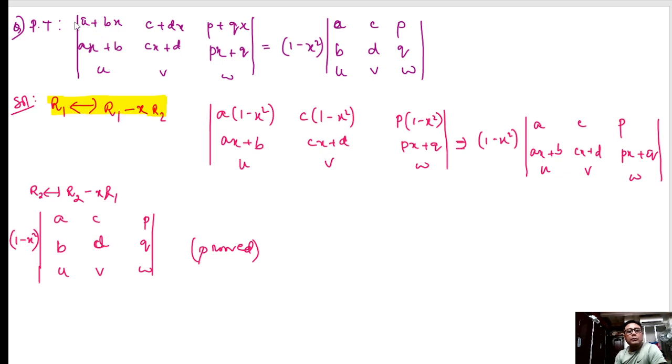This is our R1 and this is R2, we will do X times this, then we will subtract it. So this minus X times this, here we get this.